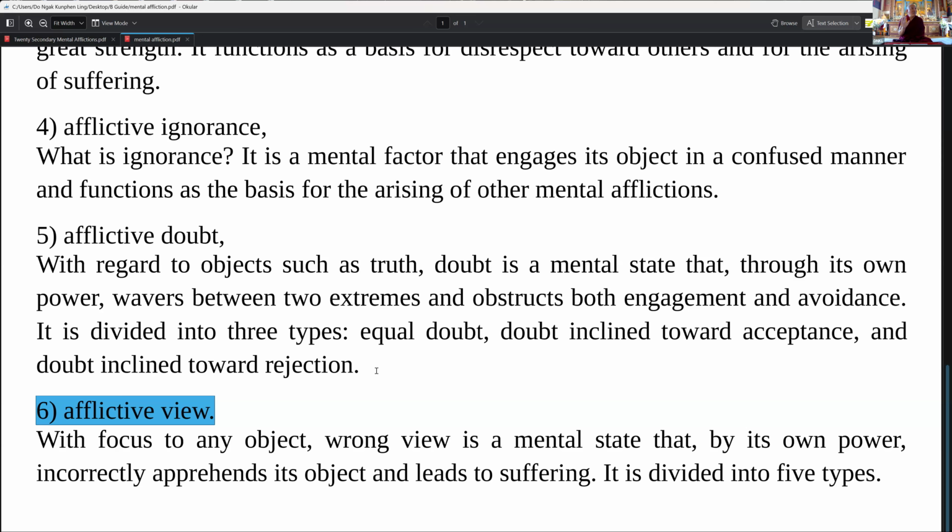You cannot engage in anything. But with wrong view, you are deciding something. Let's say the sky is yellow. You are deciding it, you're determining it, right? So this is wrong view. Doubt could be a cause for the arising of wrong view, but wrong view cannot be a cause for having doubt. Oh. Yeah.